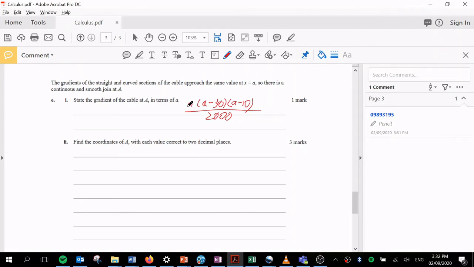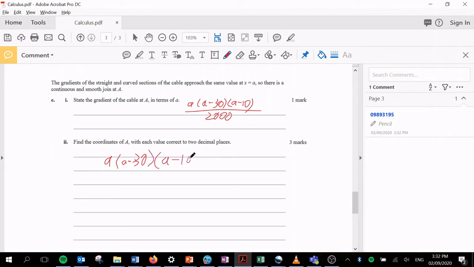So we can say that 9 times a minus 30 times a minus 10 over 2000 is going to be equal to whatever the gradient of the straight part is.